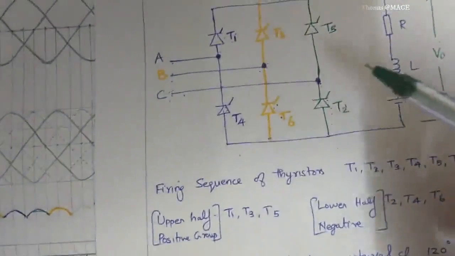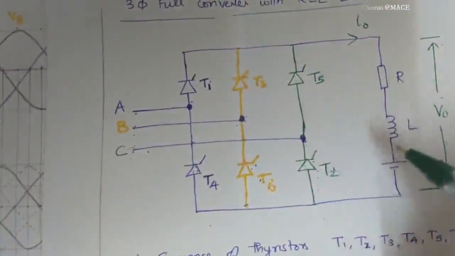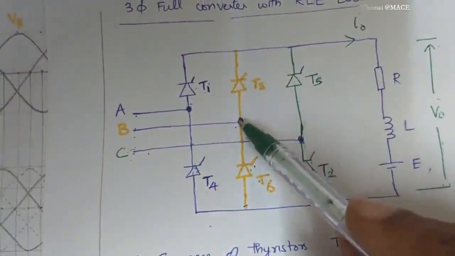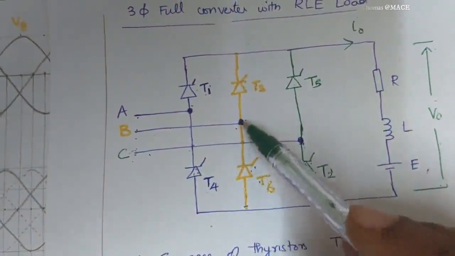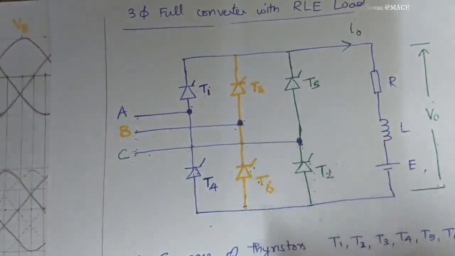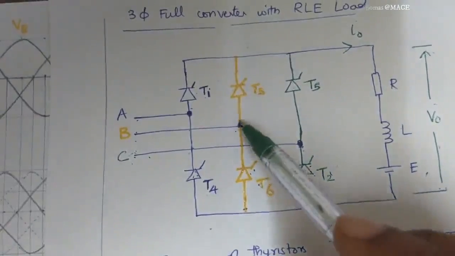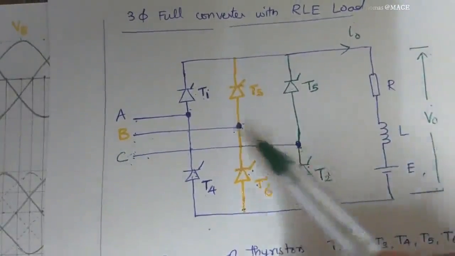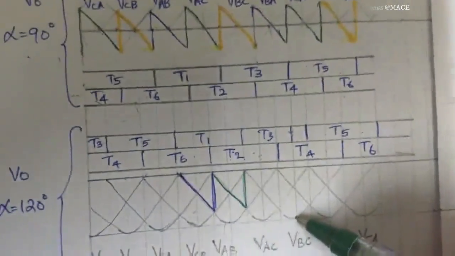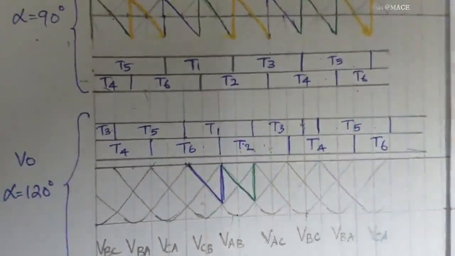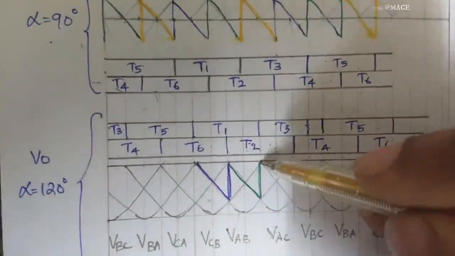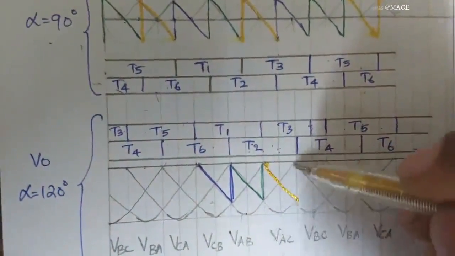You can see it from here. With T2 and T3, the voltage coming across the load is VBC. So T3, RLE, T2 and point C, it is VBC. So the corresponding waveform is VBC over here, and in that I can mark this.